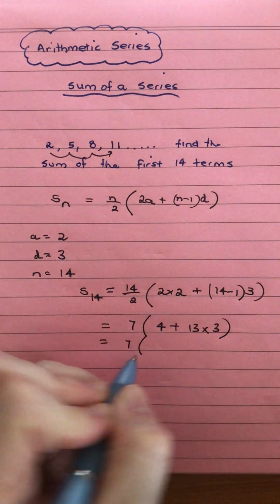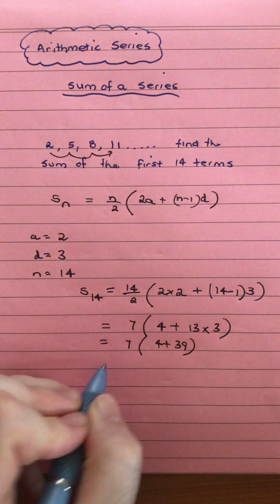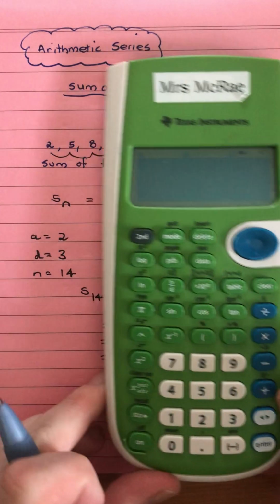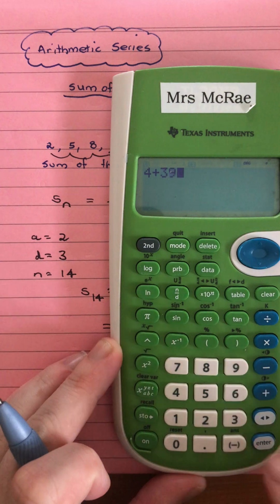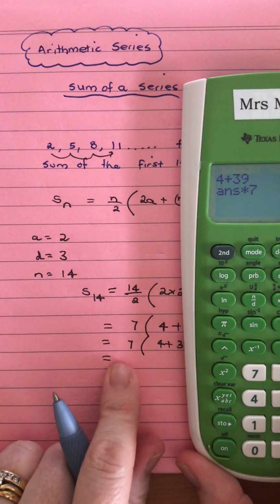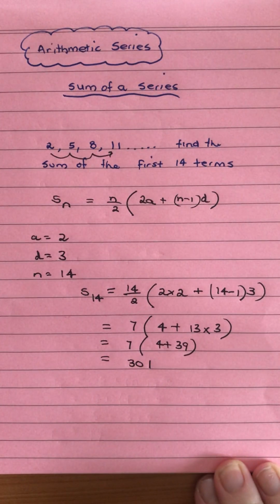So I've got 7, and I want to do 4 plus 39. So I'll grab my calculator, and I'm going to do my 4 plus 39, and then I'm going to multiply that by 7. So I get 301 as the sum of that series.